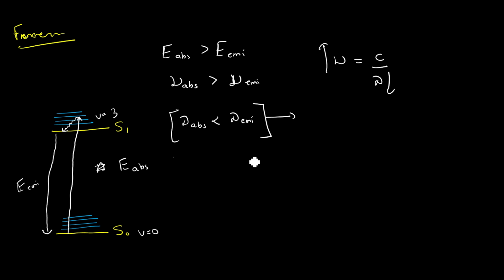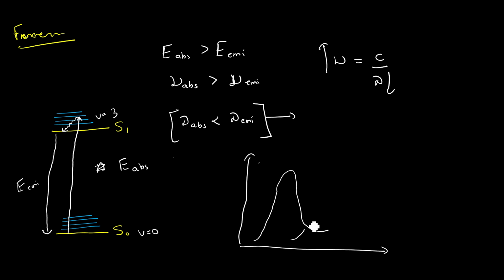For this particular graph, let's draw the graph of absorption. This is the absorption and emission in the same coordinates. So this is the absorption graph, absorption spectrum, and this is the emission spectrum of this particular molecule.